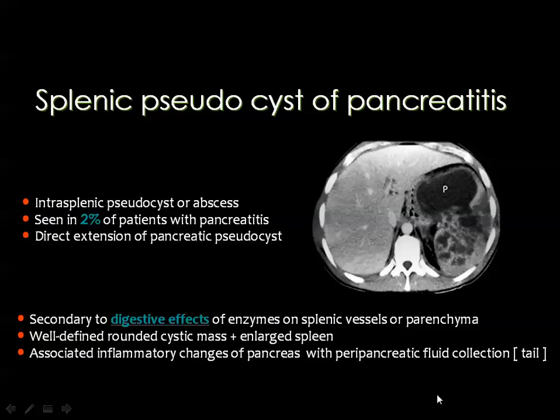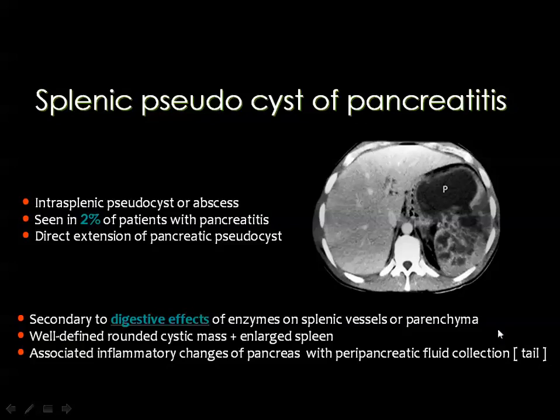Then in cases of pancreatitis, the inflammatory granulation tissue, being adjacent to the spleen, may spread inside the spleen, and it will result in multiple cystic lesions inside the spleen, and these are known as splenic pseudocysts of pancreatitis.